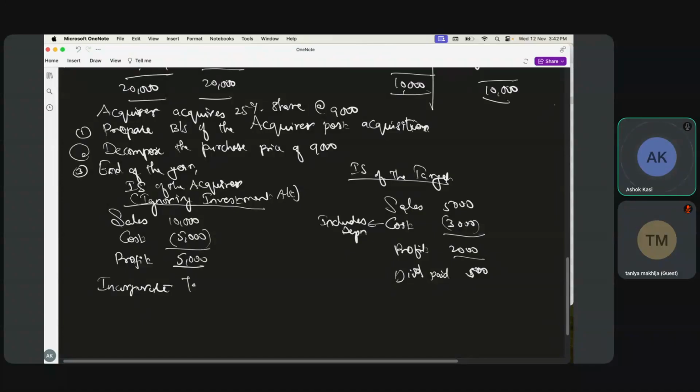Incorporate the target company's income statement impact on the acquirer company.